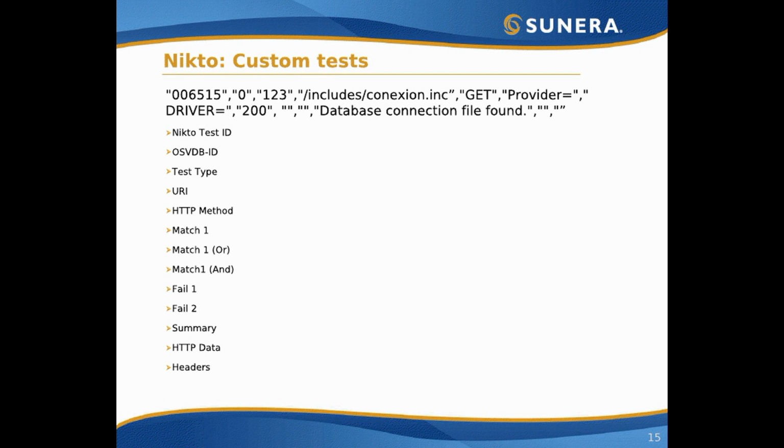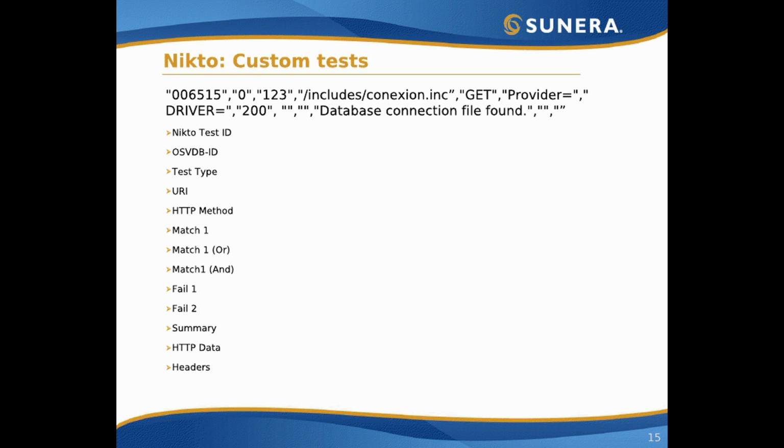Basically, you give it a file name that it's going to do a GET request against, and then look for either provider equals or driver equals in there, and it also has to be a 200 response. So if either of those first two matches and it's a 200 response, which is a standard OK response, it's going to trigger an alert to say, hey, this file's here. And you can do some tricky things with saying, if it sees this, it's not a positive, which is how we can deal with false positives in certain cases.